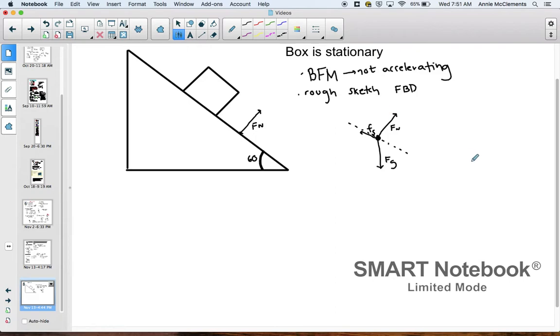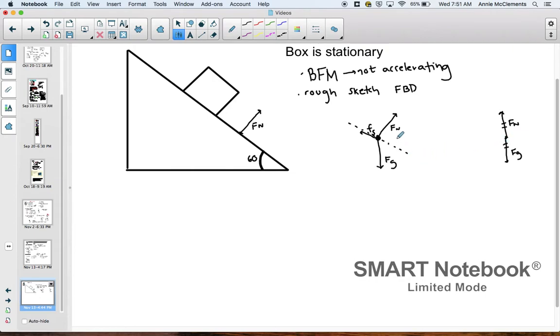So, if this box were sitting on a flat surface, we'd have it pretty easy, right? If it were sitting flat and not moving, Fn would be kind of straight up, and Fg would be straight down, and since it's not moving side to side and it's not floating up and down, we would know that these two forces equal each other, right?